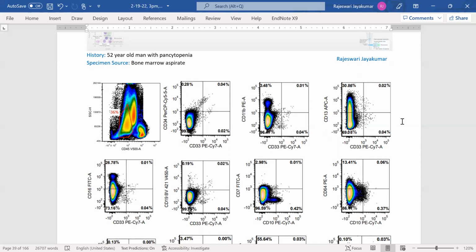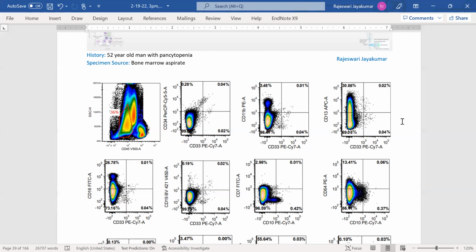It's not reliable because there is extensive processing of the specimen before we obtain these plots. So there's a lot of variations that could be induced into the specimen. So do not rely on the numbers and do not expect flow cytometry to give you the exact diagnosis in many cases, especially in cases where numbers play a role in the diagnostic criteria.